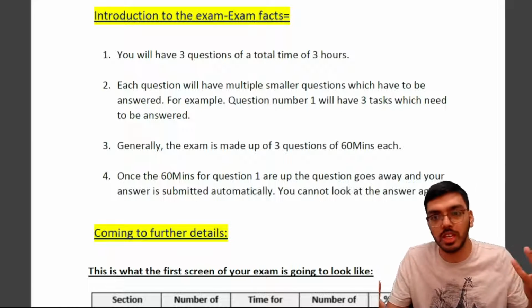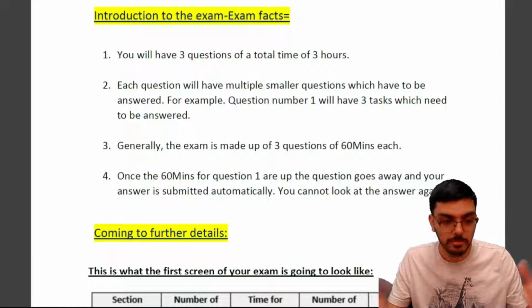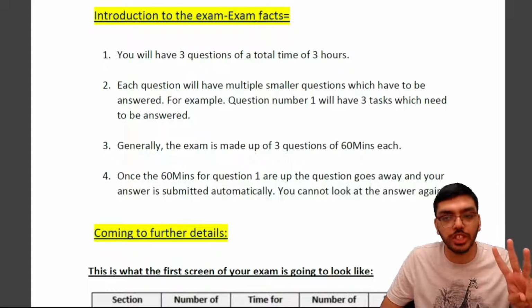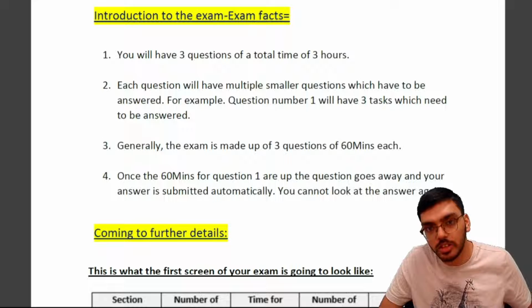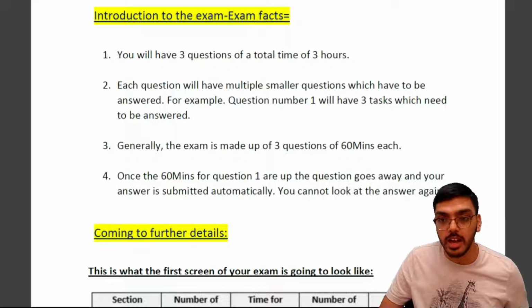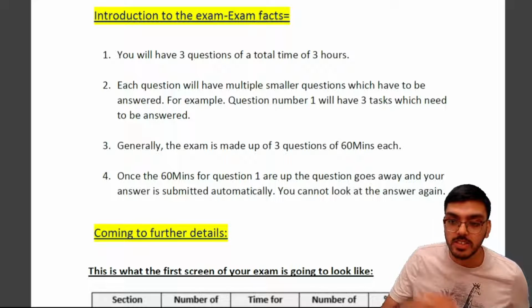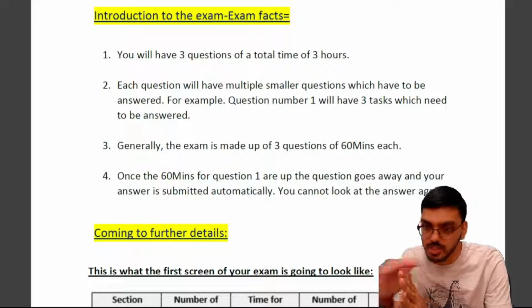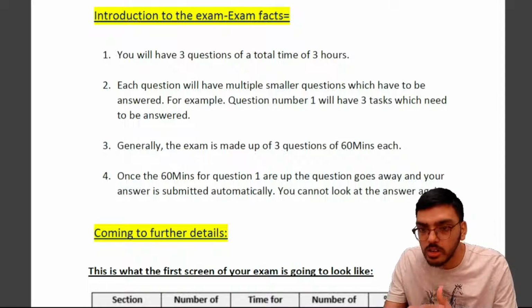You also may be thinking that as a new student, right? So I want to now give that to you by telling you that it's going to be a 3-question exam. Each question is 1 hour, and after that 1 hour is completed, question number 1 goes away, submitted. You can't look at it, you can't check it, you can't correct it.